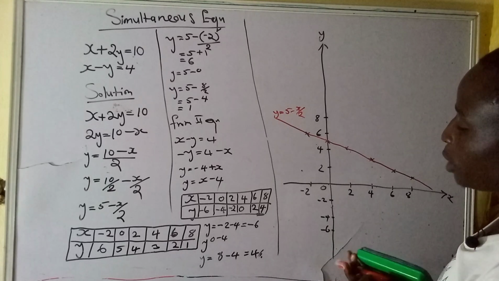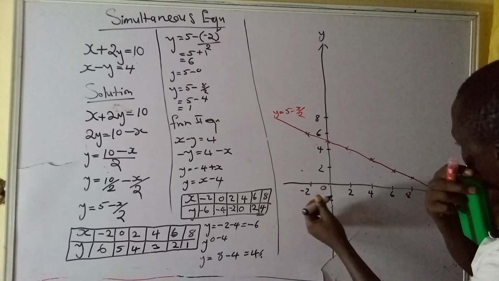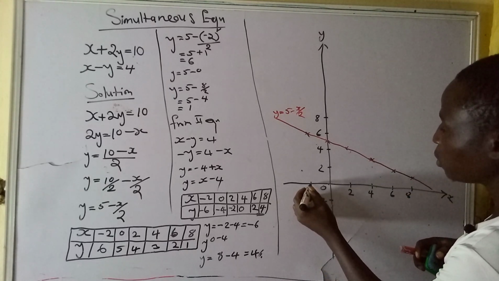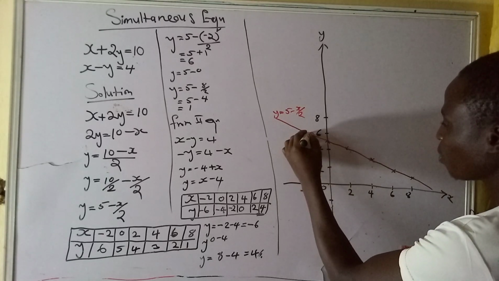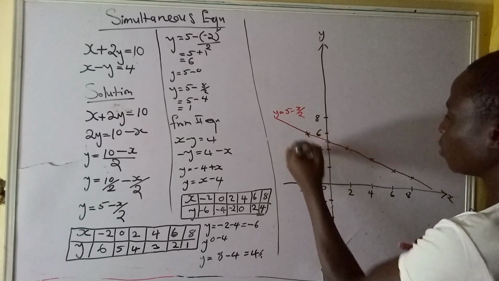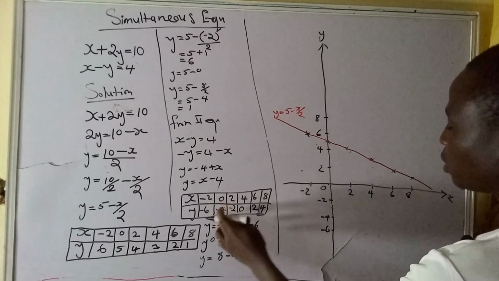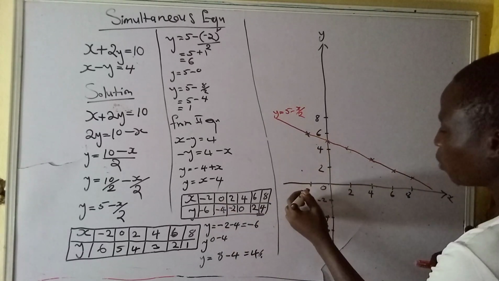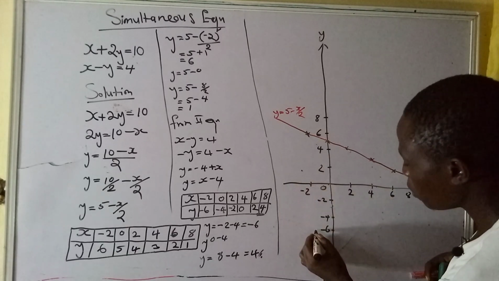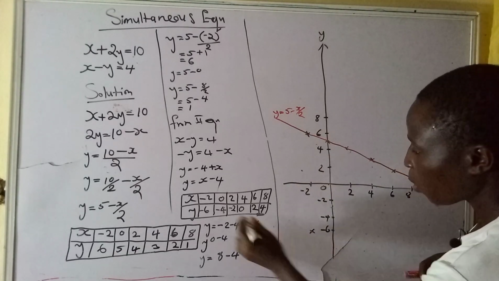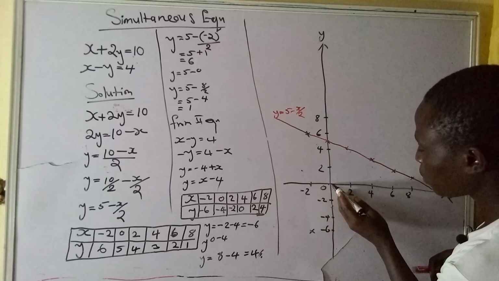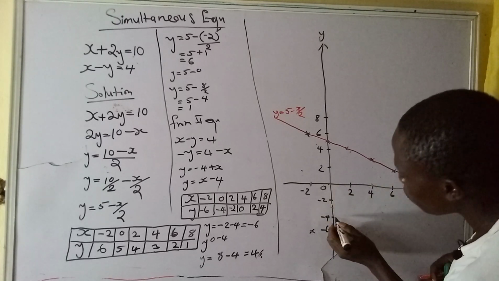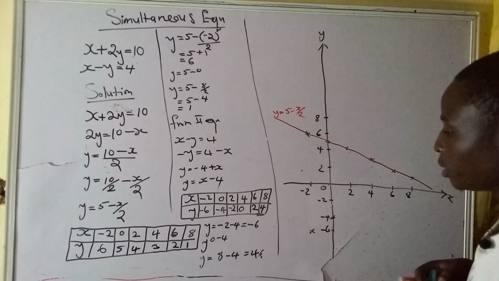When x is minus 2, y is minus 6. Look at it. When x is 0, y is minus 4. We can see it.